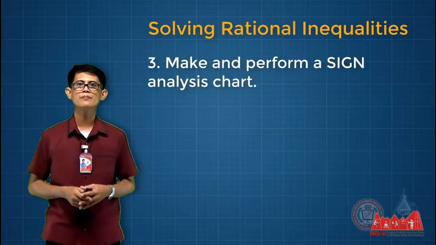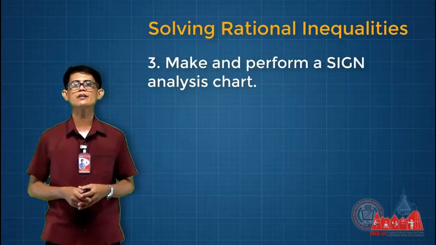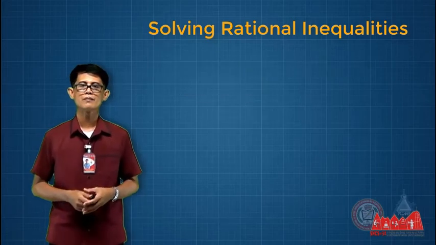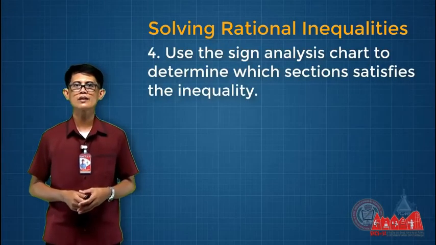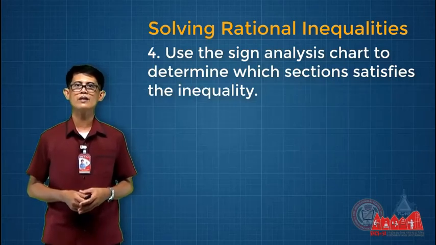Number 3, make and perform a sign analysis chart or table of signs. Use the test points in the intervals determined by the critical values to determine the sign of the inequality on those intervals. Number 4, use the sign analysis chart to determine which sections satisfy the inequality.